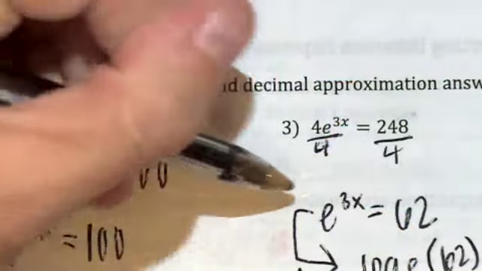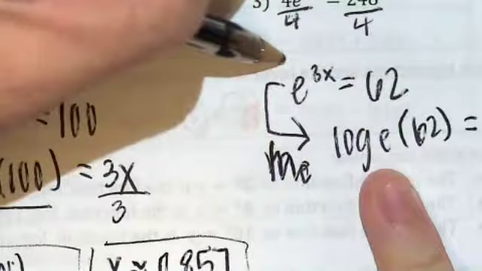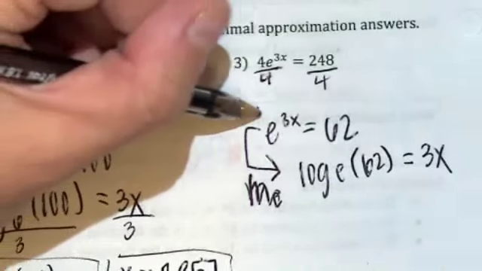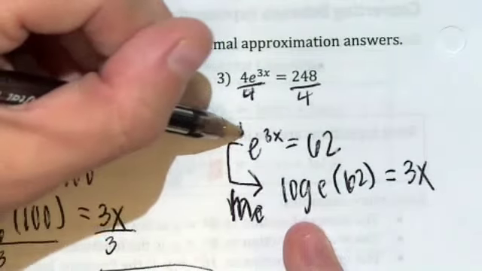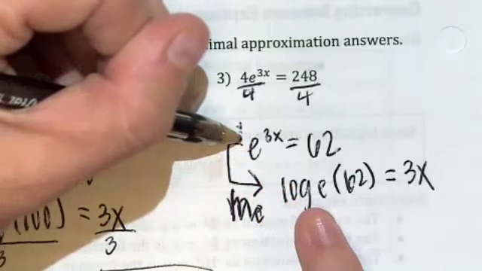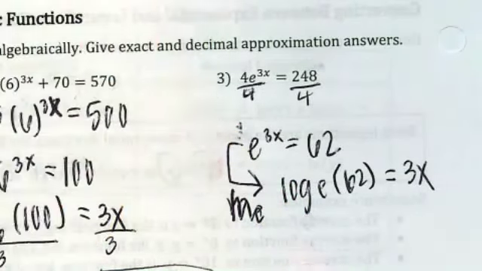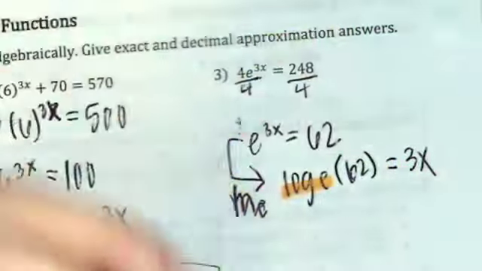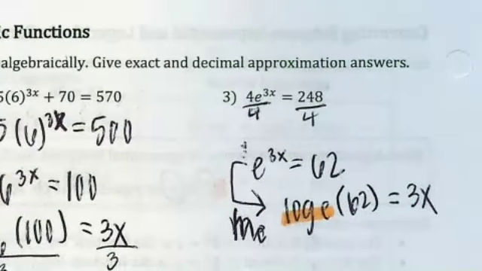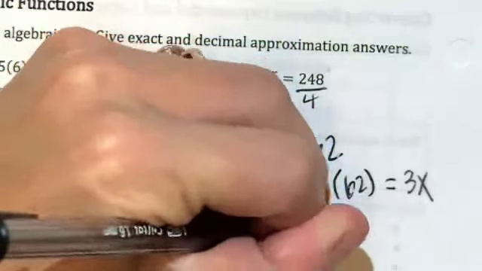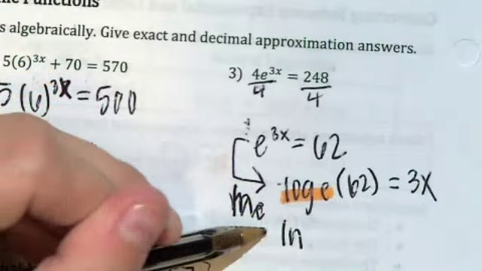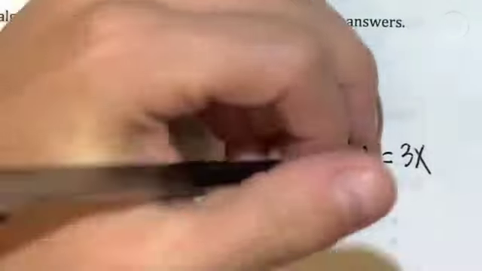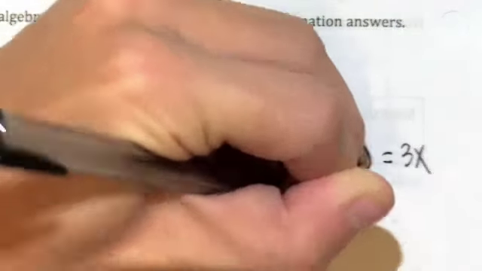Log base e, so when I went from this form to this form, e was the base. Remember from our previous video, log base e is the same thing as ln. So I can rewrite that as ln of 62 equals 3x.